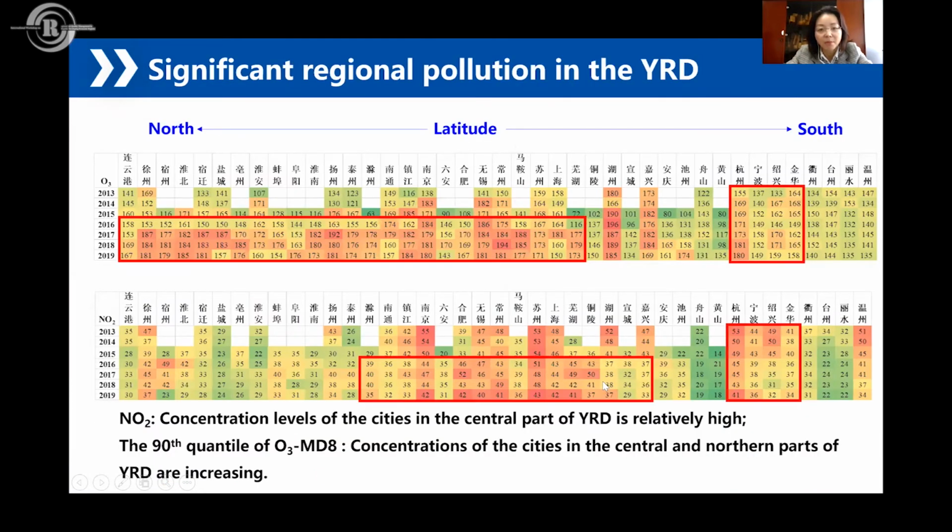At the same time, you can see the spatial distribution in this area: not only in Jiangsu, but also Zhejiang and Shanghai, the spatial extent of the ozone has expanded. Besides ozone, the concentration of nitrogen dioxide in the key cities in this area is also relatively high.